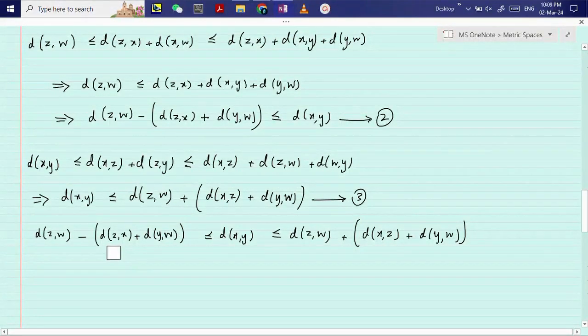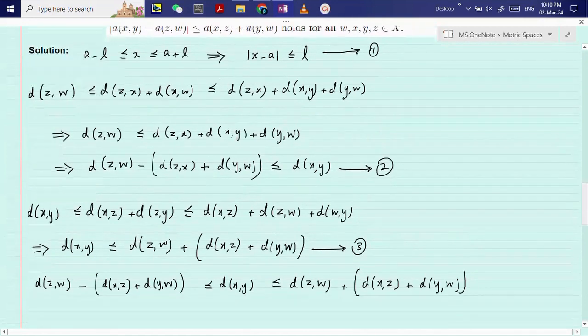Here you can write d(x,z) also, because d(z,x) is equal to d(x,z), because d is a metric. So we see that d(z,w) - d(x,z) + d(y,w) is less than or equal to d(x,y), which is less than or equal to d(z,w) + d(x,z) + d(y,w).